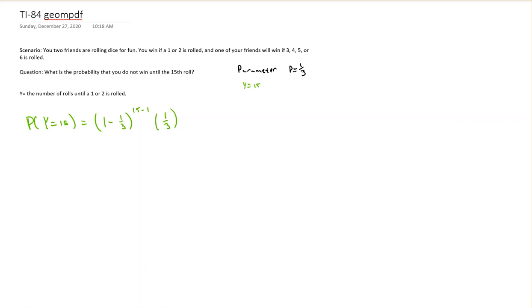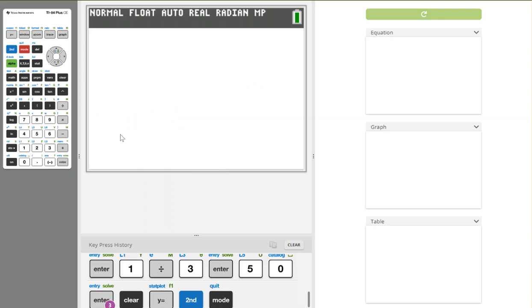So we're going to use the geometpdf function in the calculator. It's a point distribution function; we're interested in the probability at one value. So we are going to pull up our TI-84 calculator. Here's my TI Smart View, my emulator. You need to go to distribution, the blue word right above our variables button.